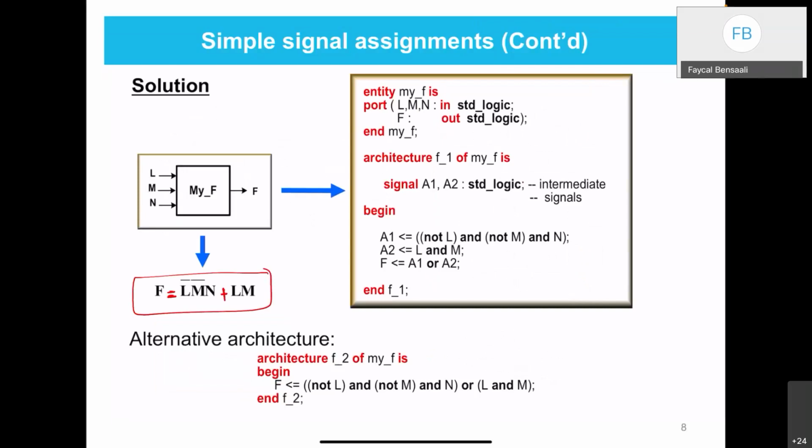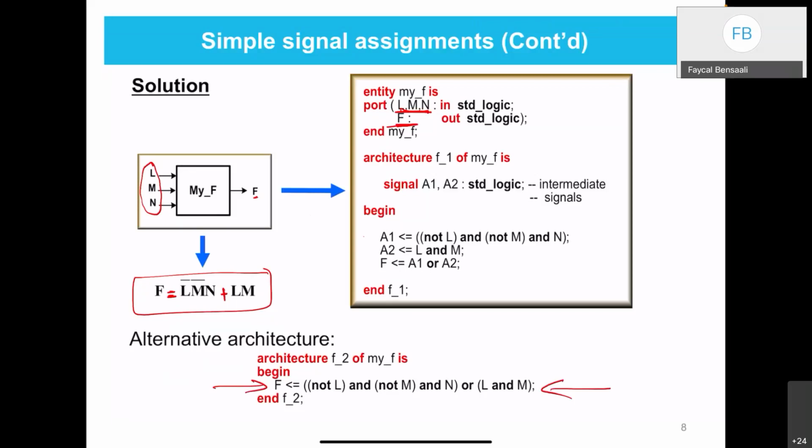So I have 3 inputs, L, M, and N, and I have one output, F. I think the entity is very simple. Here I have 2 solutions. I can just work with signals and have multiple simple signal assignments, or I can have just one. I think this is the simplest one. In some cases, you have to work with signals.